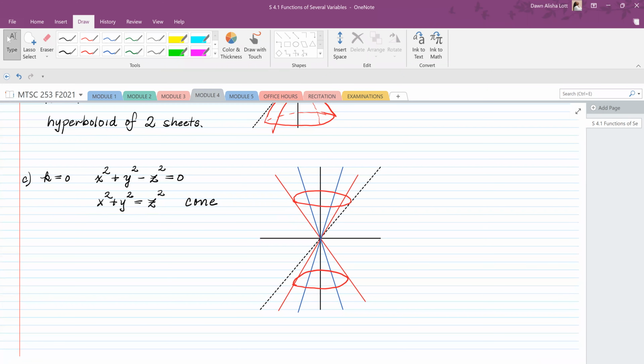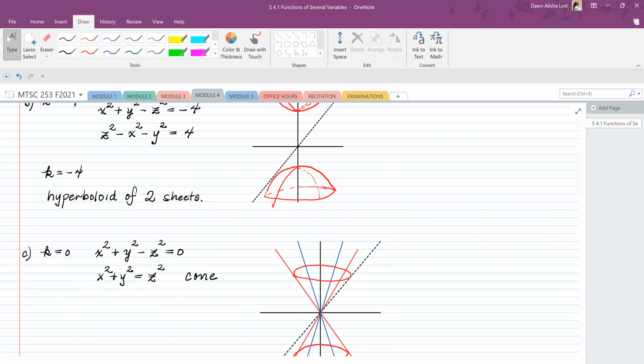And then as they go negative, it pops open and becomes a hyperboloid of two sheets. Okay, so that's it for that section.